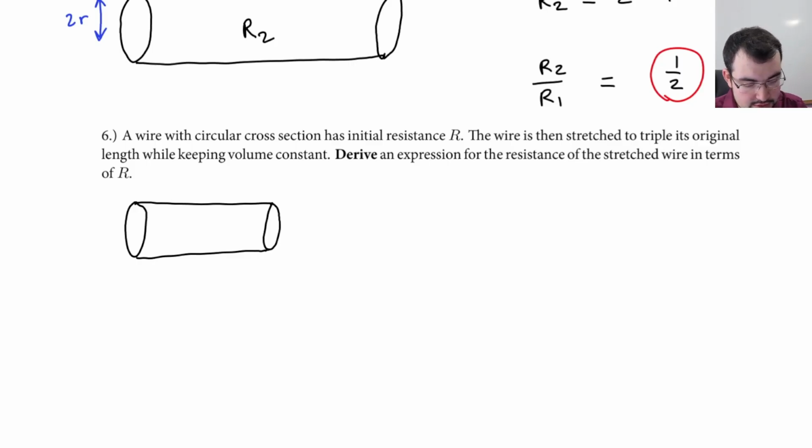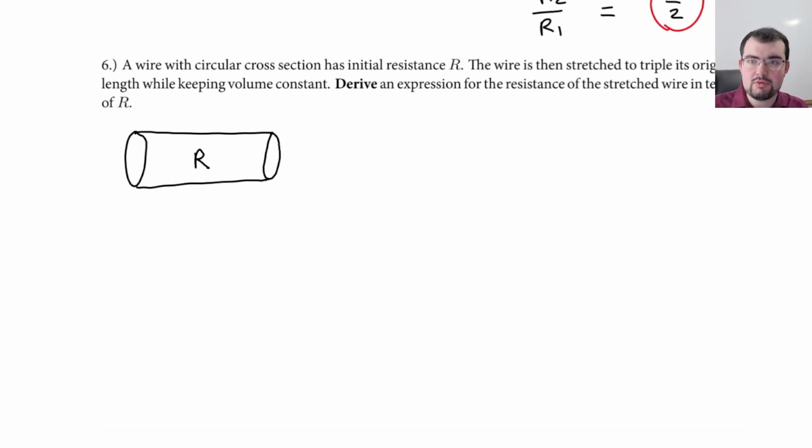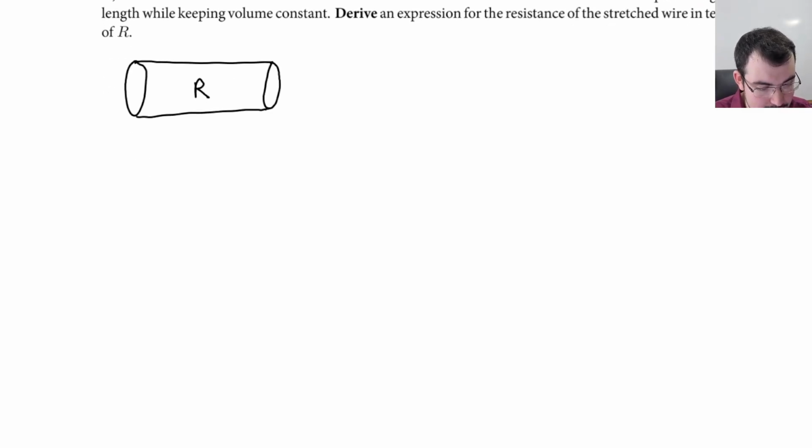And there's going to be resistance R. Think about what that means. That would mean rolling out your Play-Doh so it's 3 times as long. Well, if you roll out a strip of Play-Doh, it doesn't stay this area. It actually gets a lot skinnier. So the fact that volume remains constant actually means it doesn't just get longer, it also gets way skinnier.